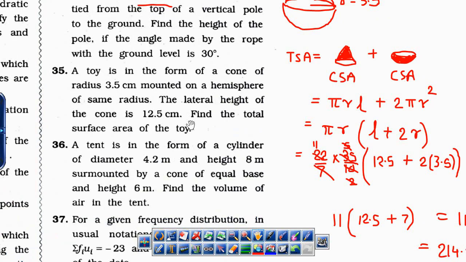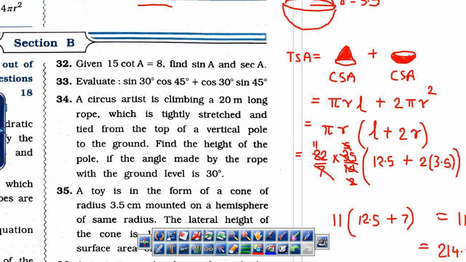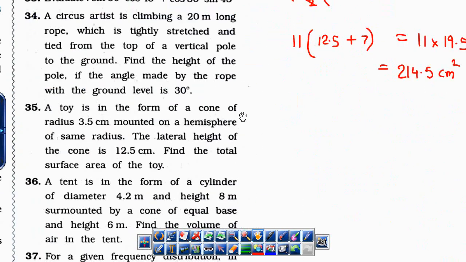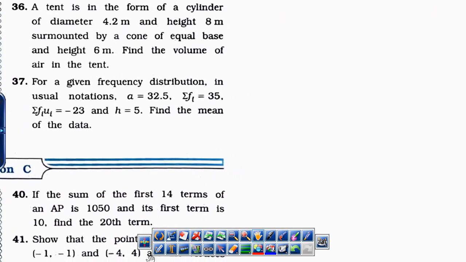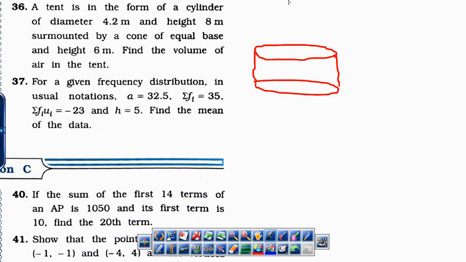Sum number 36. A tent is in the form of a cylinder of diameter 4.2 and height 8 meters, surmounted by a cone of equal base and height 6. Cylinder, cone on the top, this became the tent.